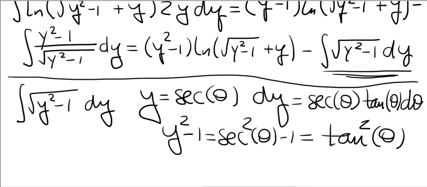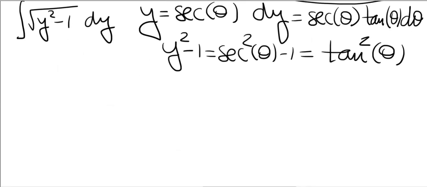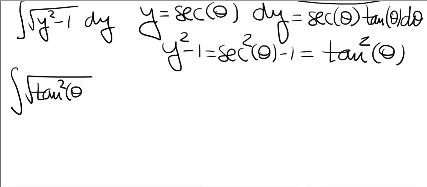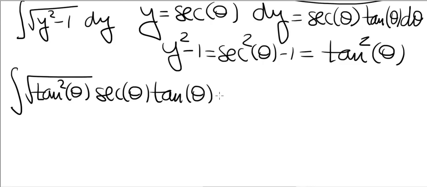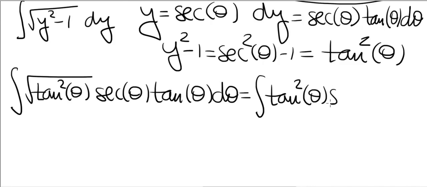Therefore, this integral now after trig substitution becomes the integral of square root of tangent squared of theta times secant of theta times tangent of theta d theta, and that's equal to, the square root of tangent squared is tangent, times another tangent we have, the integral of tangent squared of theta times secant of theta d theta.